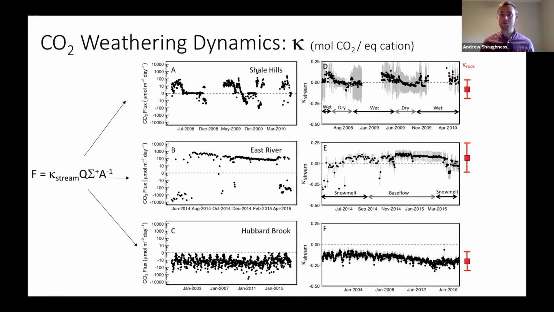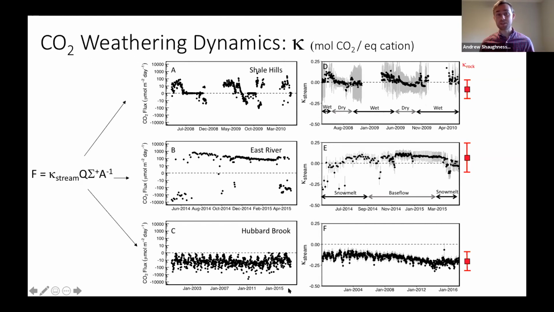And then I wanted to throw up that we can convert these kappa stream values into fluxes by taking kappa stream times the discharge in the stream multiplied by the sum of cations. If you remember, this is the moles of CO2 per cation equivalent. So if we take all of the cation equivalents in the stream divided by the area, we can convert kappa into these CO2 fluxes.